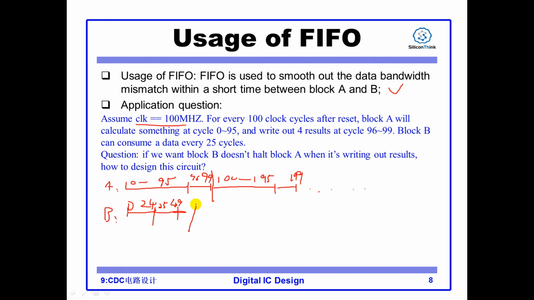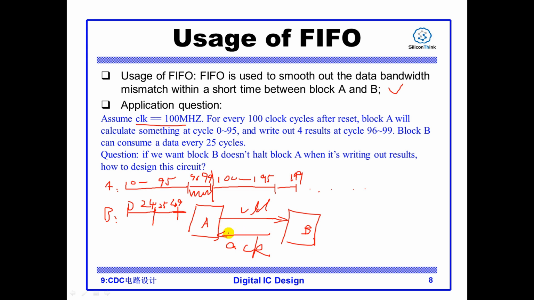And block A will transfer data to block B. So if you use a handshake interface to connect them directly, there must be wait cycles for block A. For example, in this period, the ACK signal must be asserted low for many cycles.